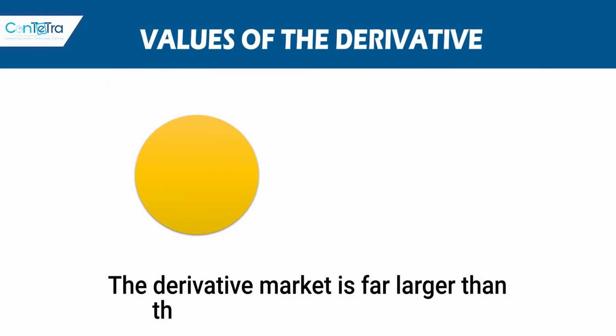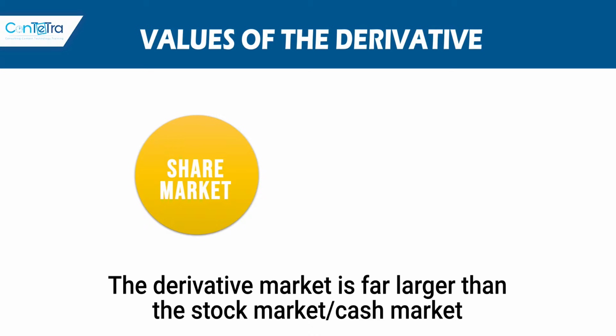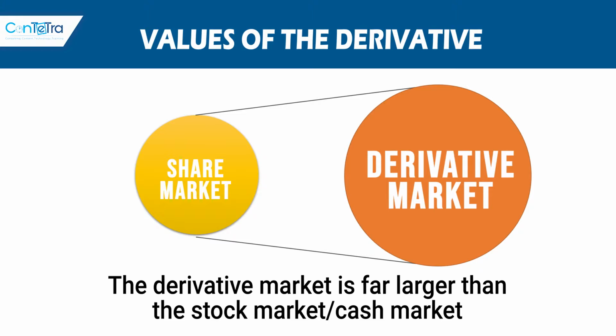But so far as the basic program is concerned, you need to know that in the world, the derivative market is far larger than the share market, popularly known as the cash market. Derivatives could be on anything. The Americans have taught the world that they can create a derivative and bet for or against anything.